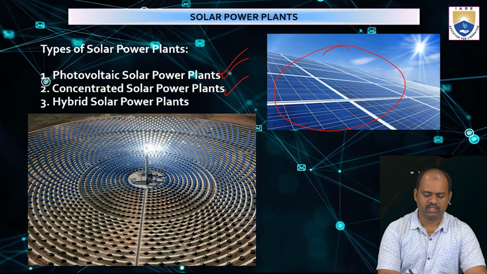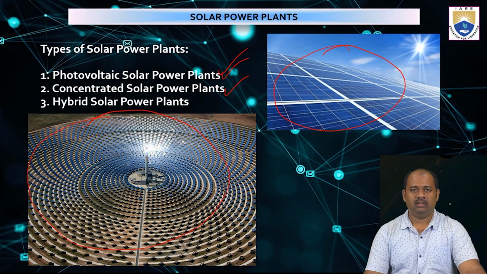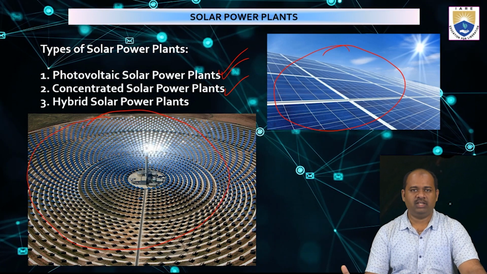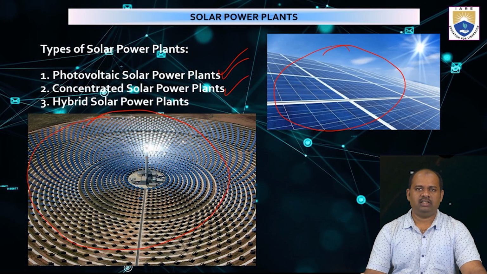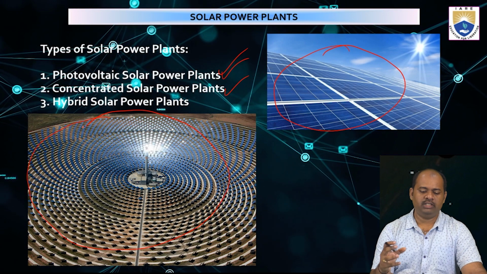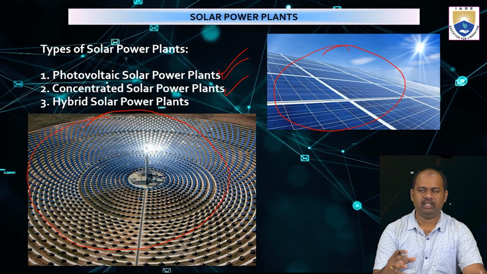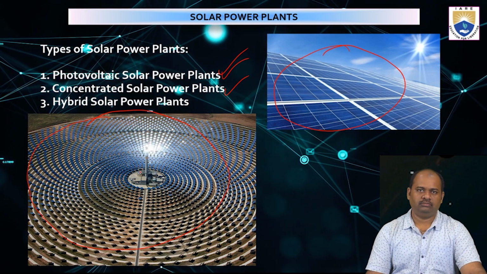In this picture we can see a large number of mirrors. These are photosensitive mirrors, aligned in such a way that the radiation coming from the sun is always concentrated and focused at a single point on top of a long tower.